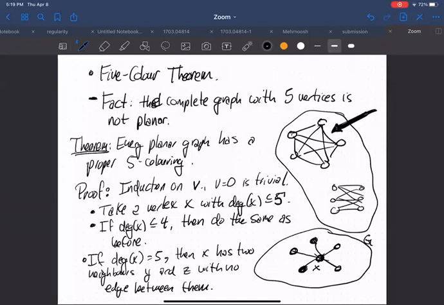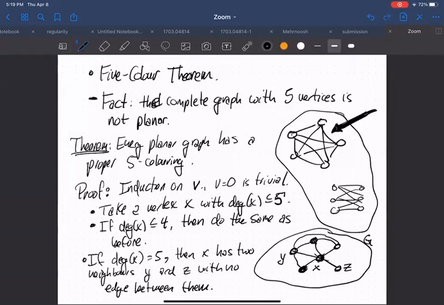Okay. So maybe that looks like this. Here's y, and here is z. And, you know, there can be lots of other edges.